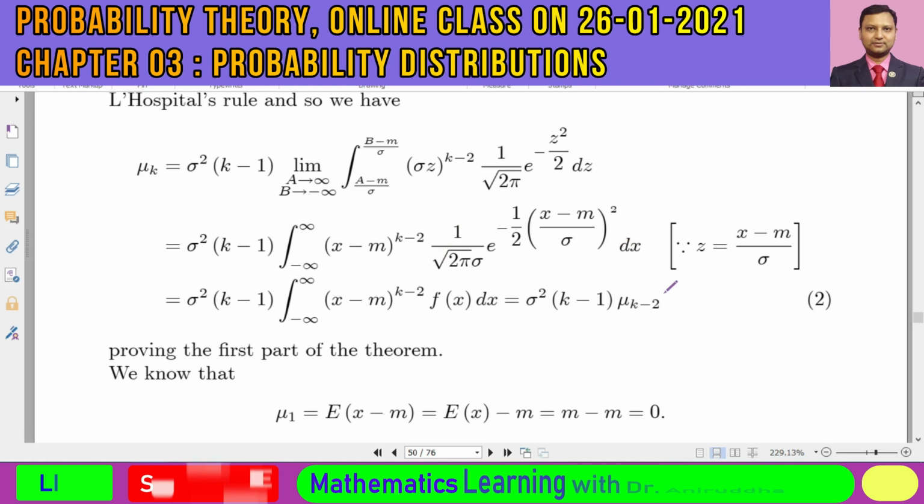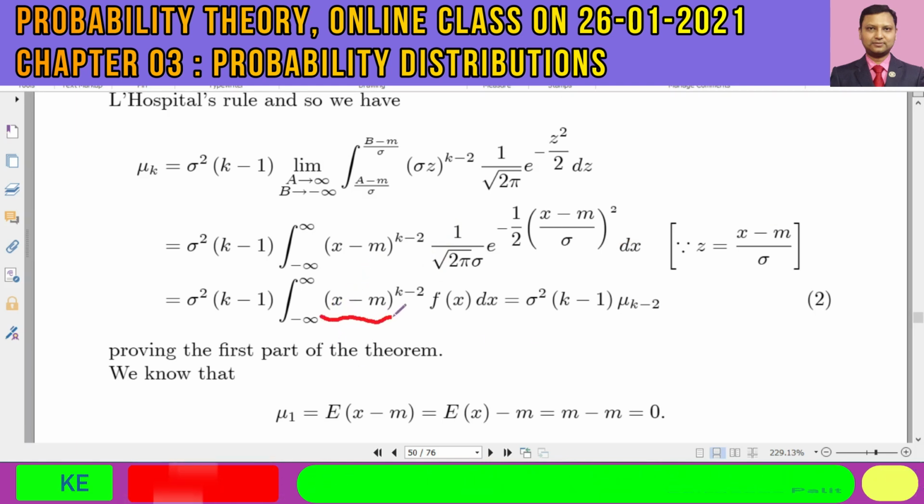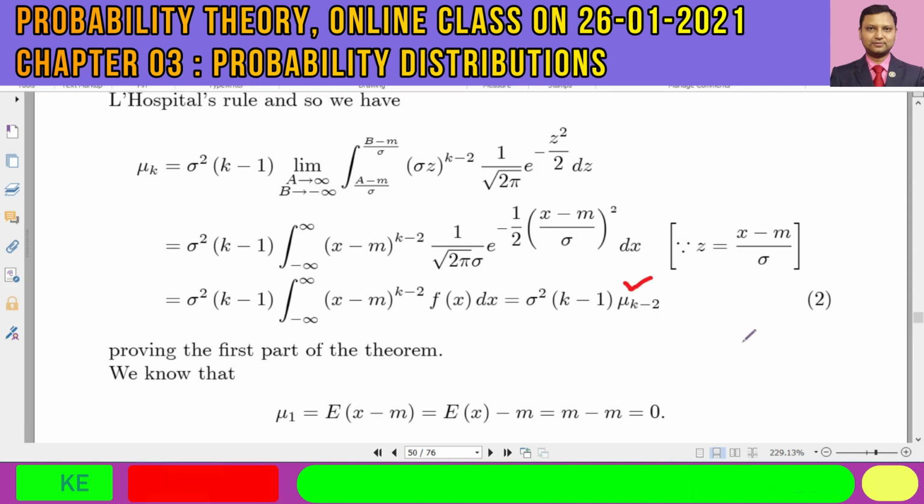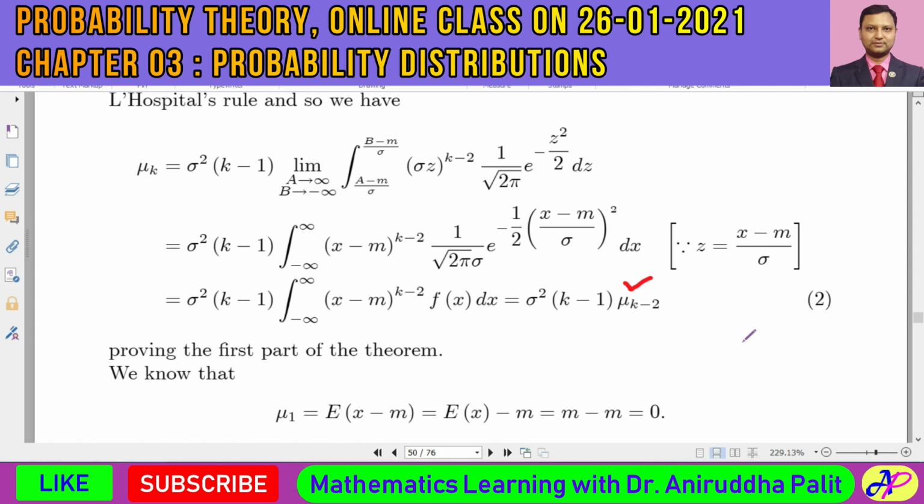So we can express this integral as the integral of (x minus m) to the power of k minus 2 multiplied by f(x) dx, and that is the expression of the (k minus 2)th order central moment, mu k minus 2.